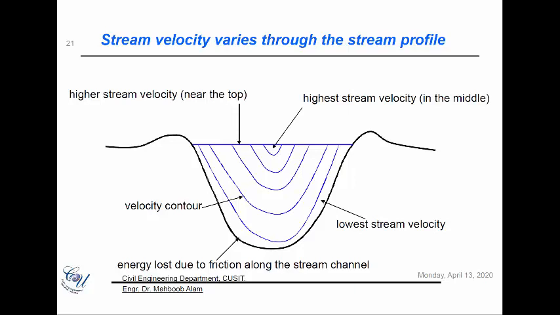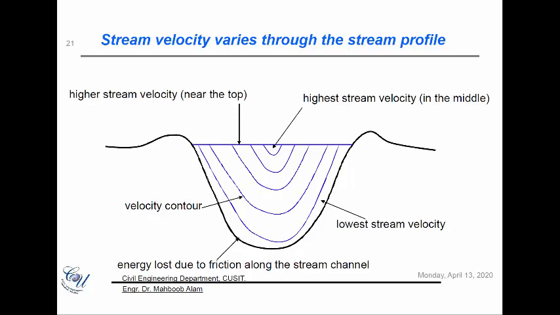As you can see here, we have areas of higher stream velocities, and then there is an area of low stream velocity. Within the higher stream velocity area, we have a certain point where the velocity is the highest, and then going along the cross-sectional area of a river, you would see that the velocity is decreasing as we reach the bottom surface.